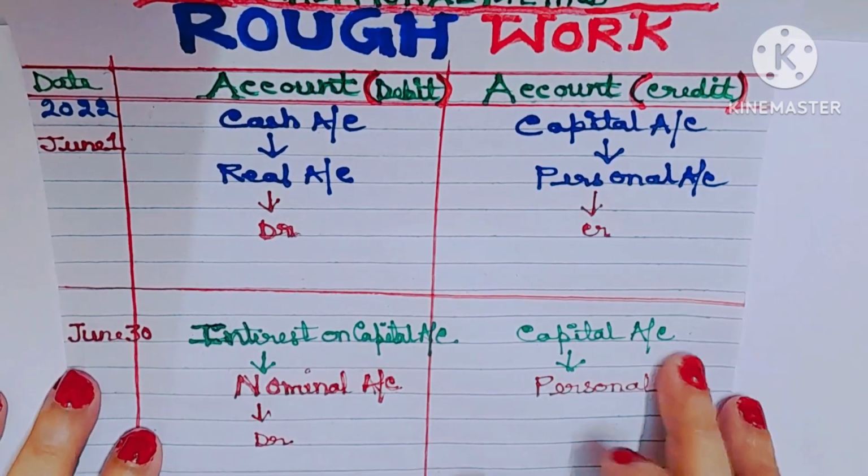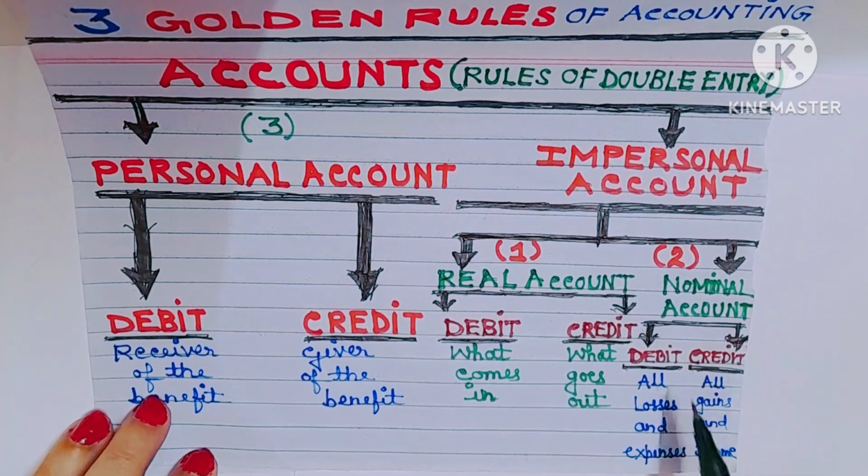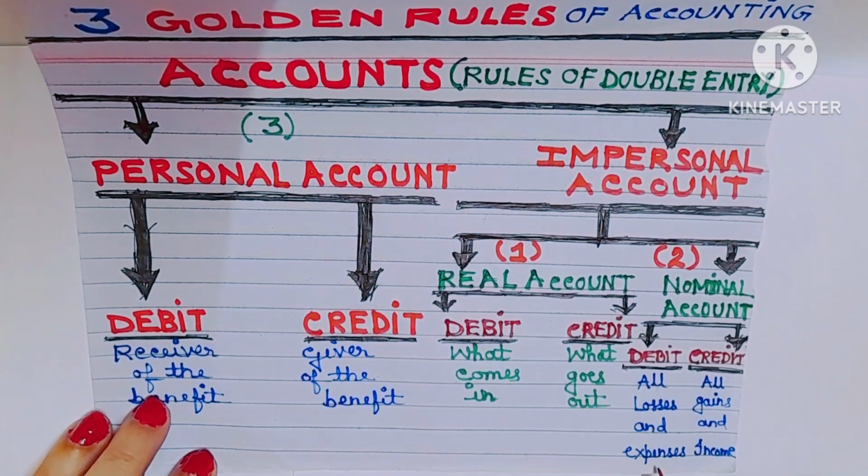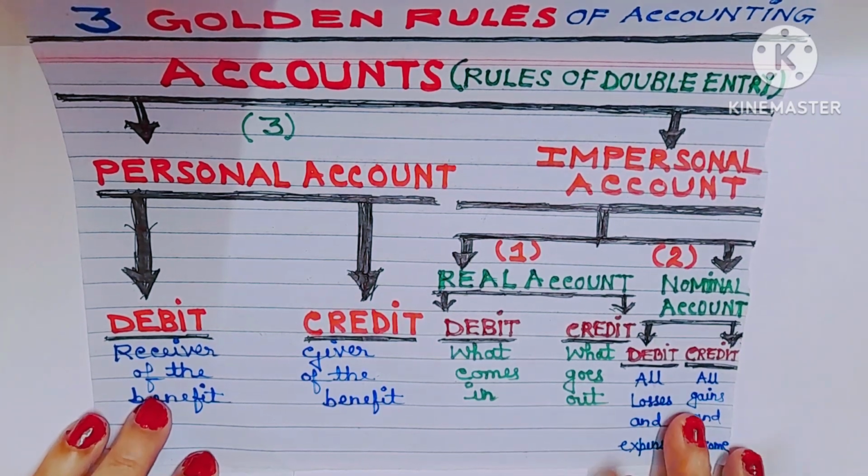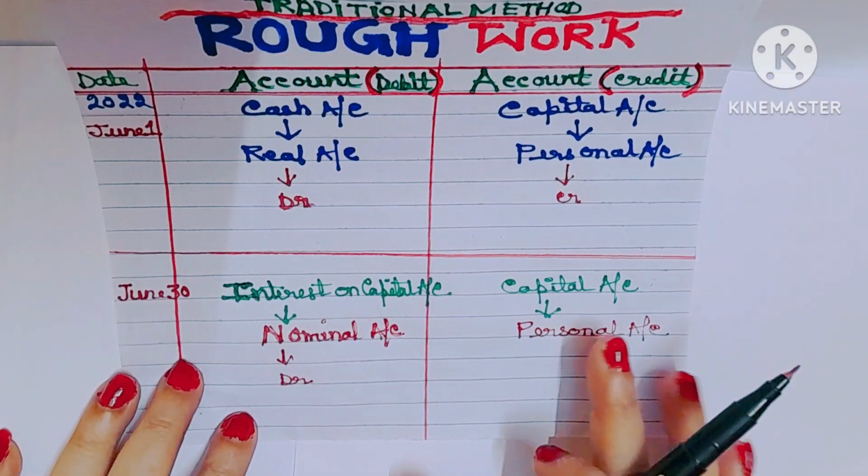Let me show you the chart. Nominal account. All losses and expenses debit. Credit all gains and incomes. All losses and expenses debit. That is the reason we have debited interest on capital account, because interest on capital account is an expense. Okay, understood?